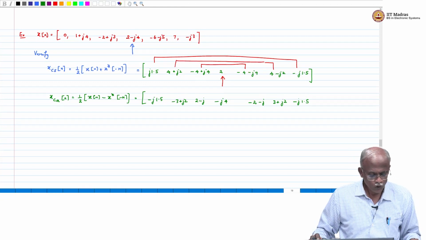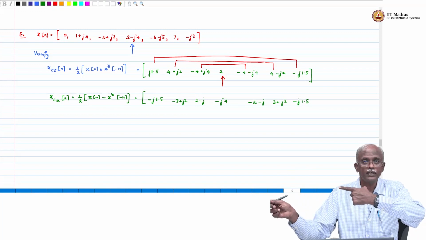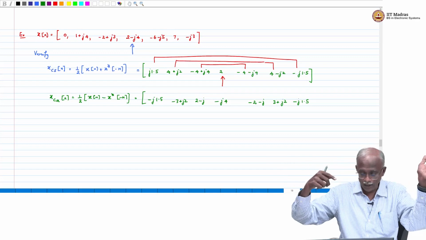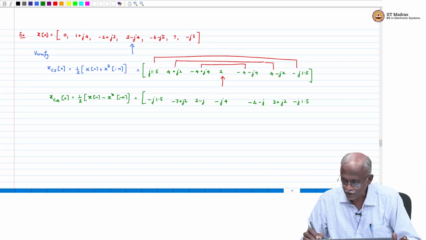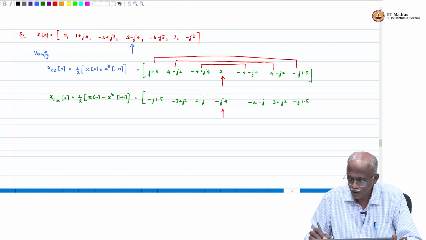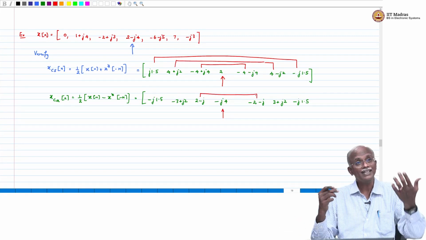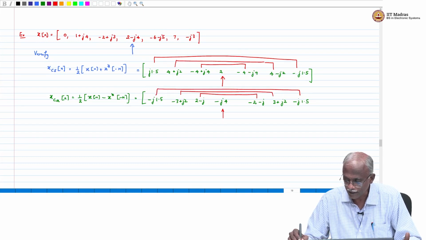Okay. So basically if you take the conjugate of the sequence at a particular index, it will be equal to the negative on the other side. So you can see that this is the origin, and these two will be negatives of each other. Similarly, these two will be negative, these two will be negative.